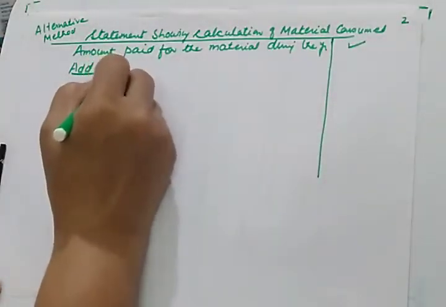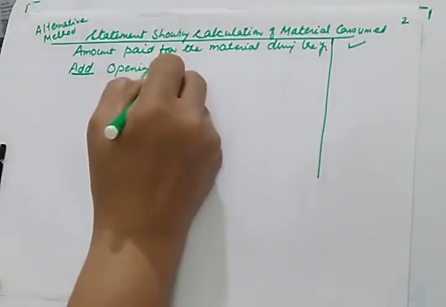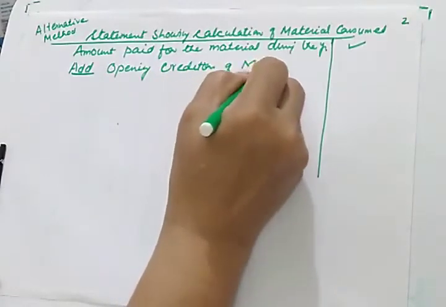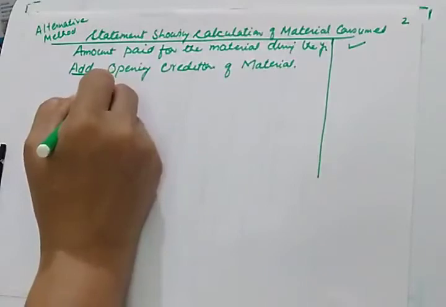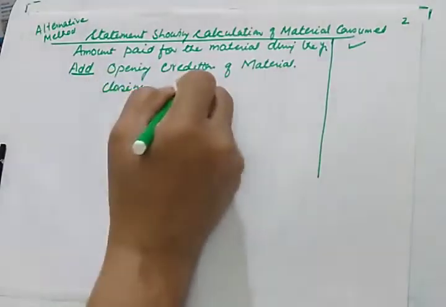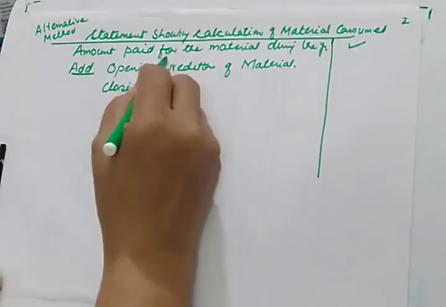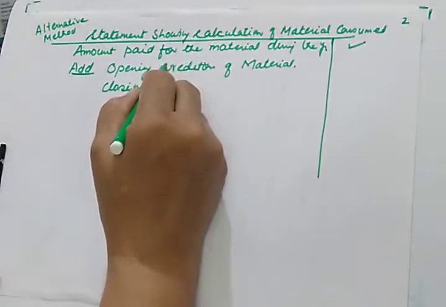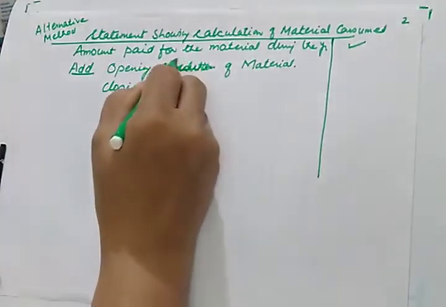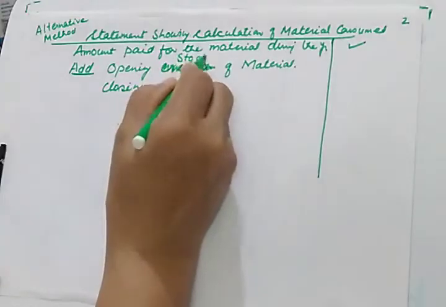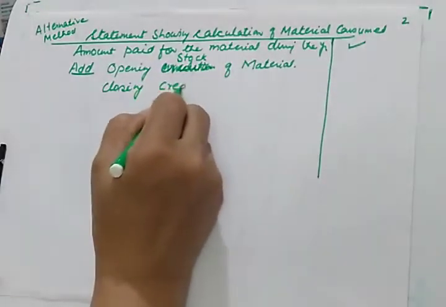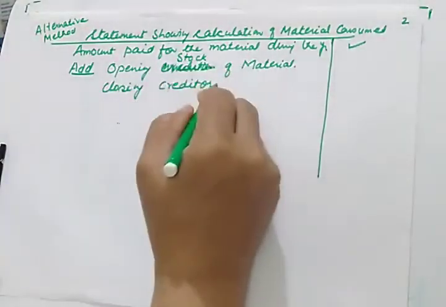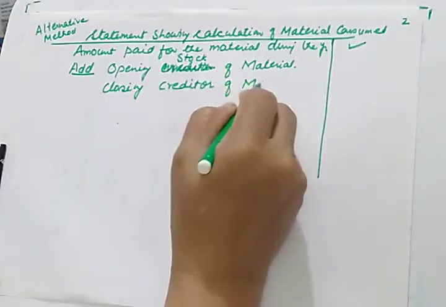First we'll add opening stock of material. Just wait, instead of creditors it should be opening stock, I am making the correction here. Opening stock of material and closing creditors of material will be added.